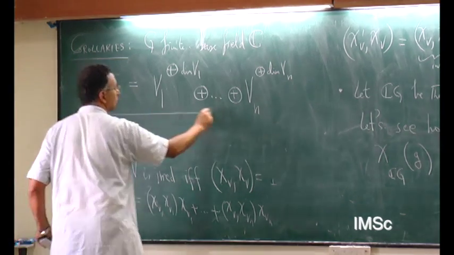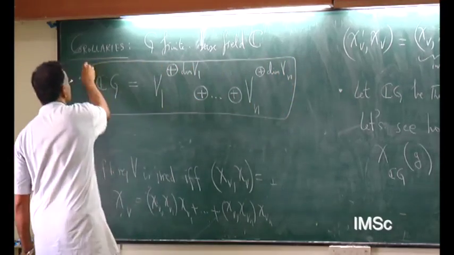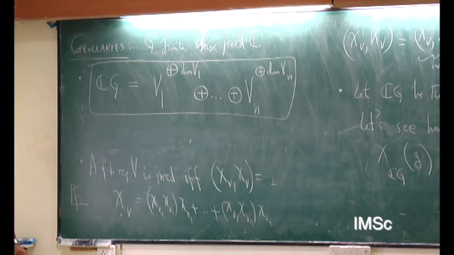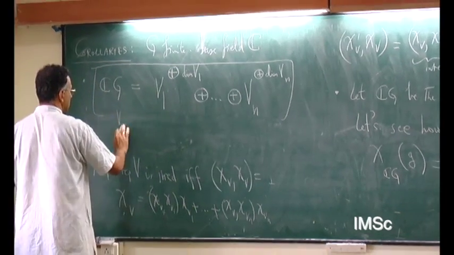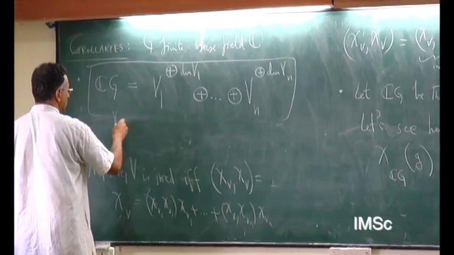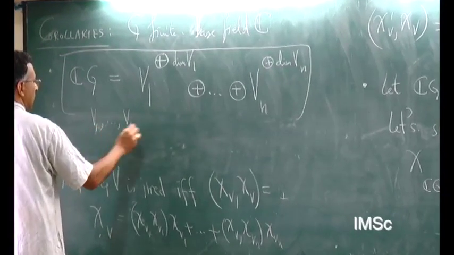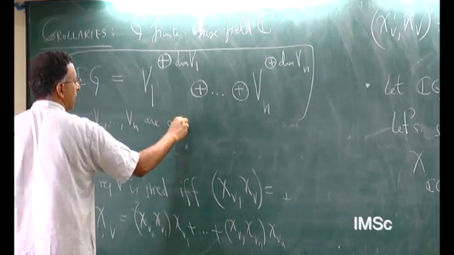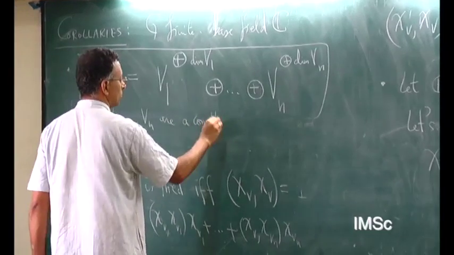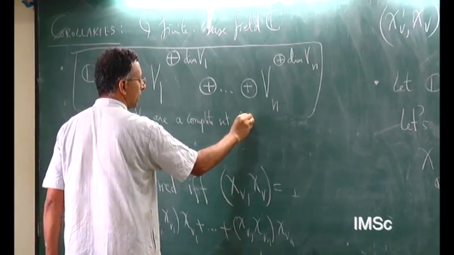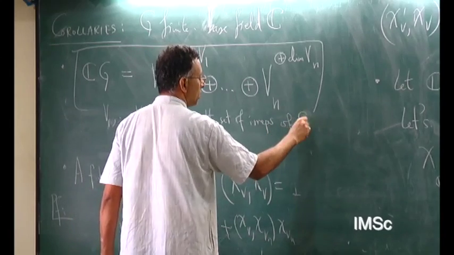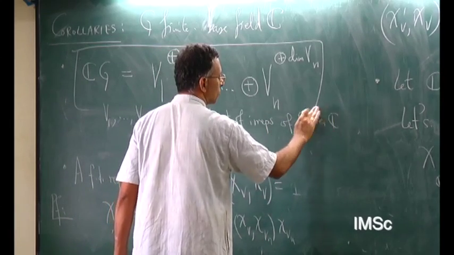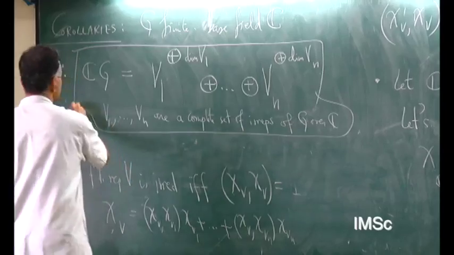This is assuming V1, ..., Vn are a complete set of irreps of G over C.